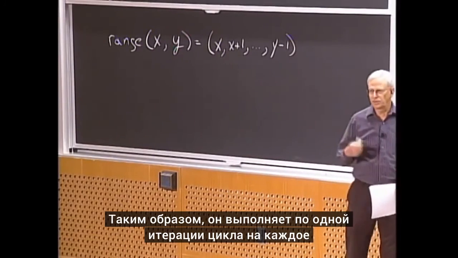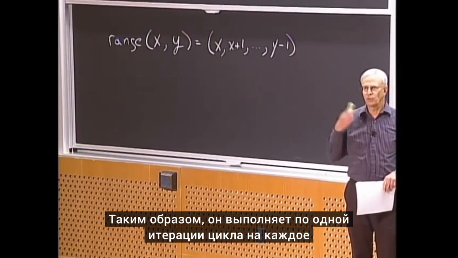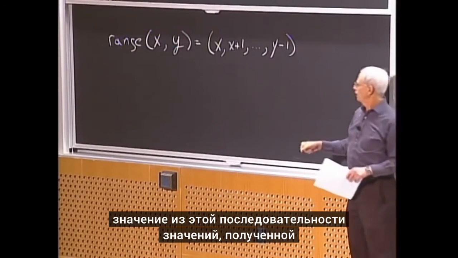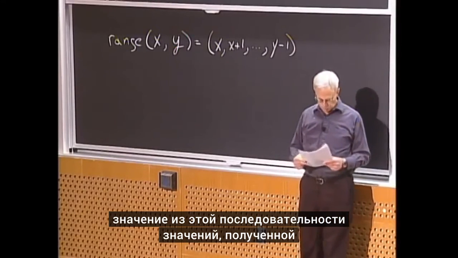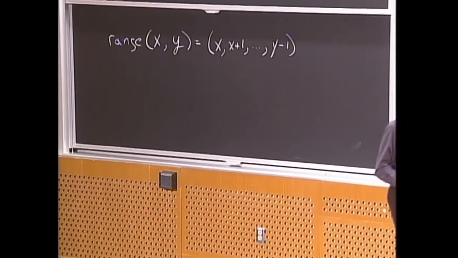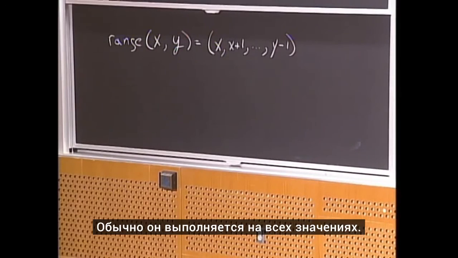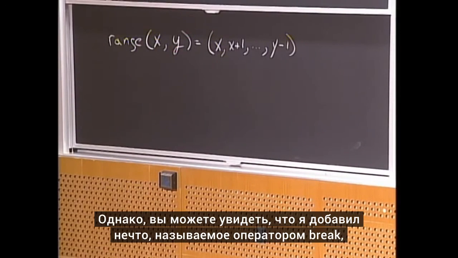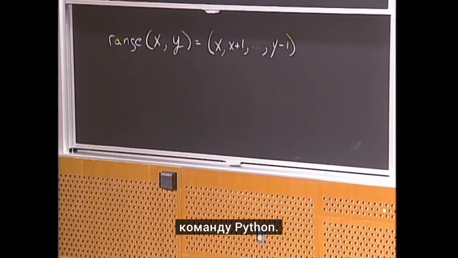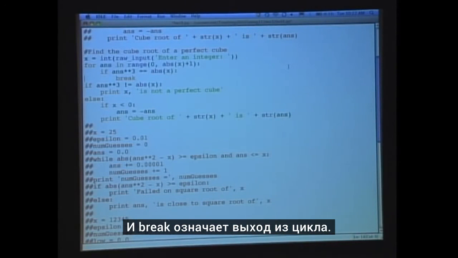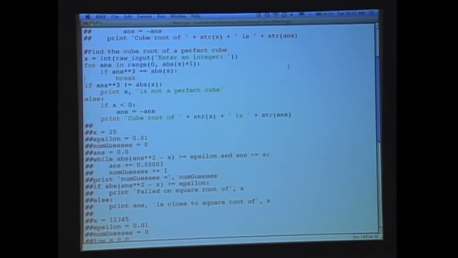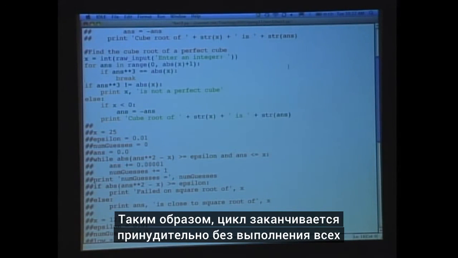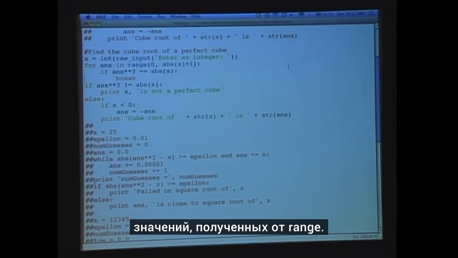So it executes one iteration of the loop on each value in this sequence of values generated by the range statement. And normally it does all of them. However, you'll see I've added something called a break here, a command in Python. And what break says is exit the loop. So it exits it prematurely without executing all of the values generated by range.